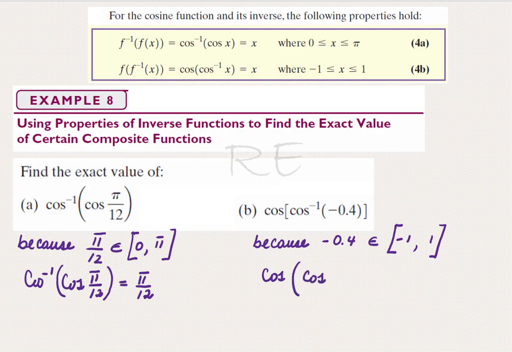Therefore, cosine of the inverse cosine of negative 0.4 is equal to negative 0.4.